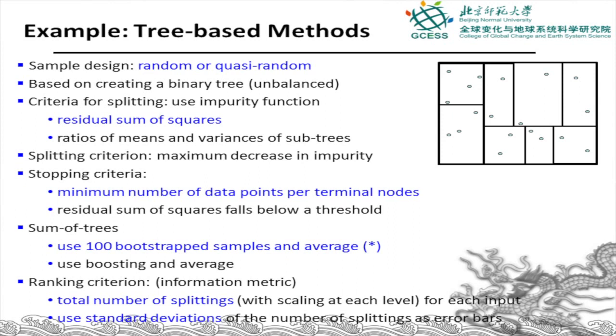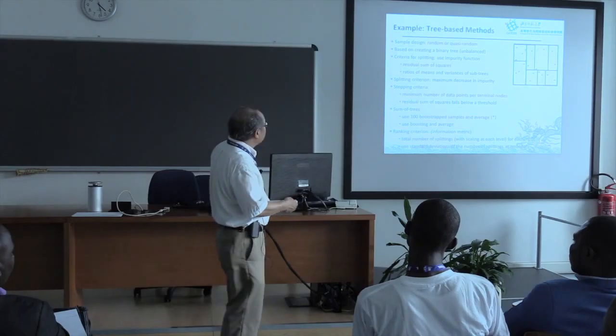You partition your domain into those kinds of regions. Sometimes the terminology is called impurity. You look at this dimension and see how much variability there is in it. If it's very variable, then you partition in that direction first. And then you move to here.